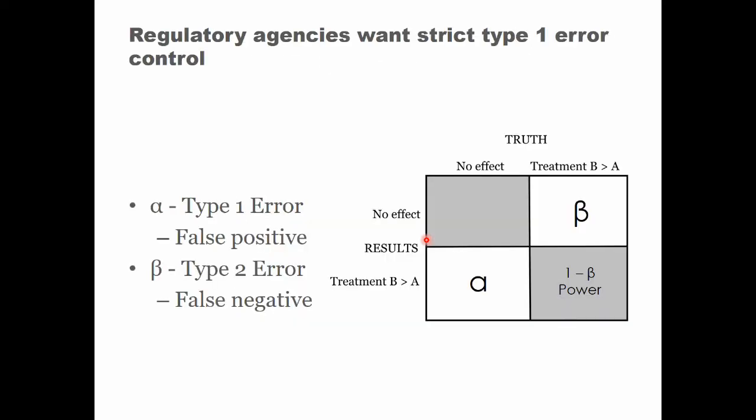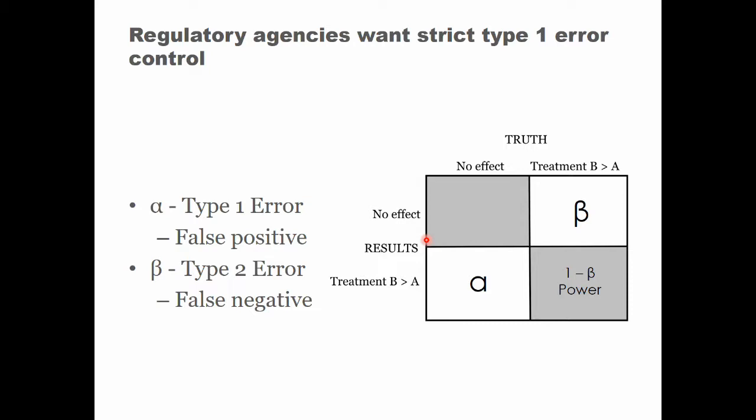And so we have to think about this in the context of regulatory agencies. Again, it comes down to decision making. There's either going to be an approval or not an approval at some point when a drug is developed and tested. And so regulatory agencies dictate strict type 1 error control, the false positive rate. They want that controlled.